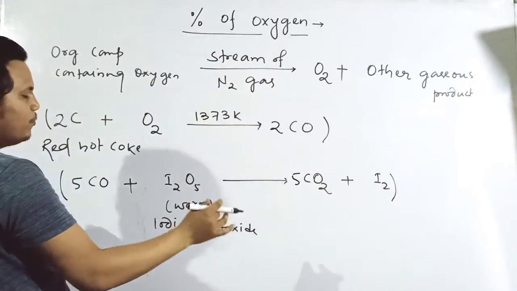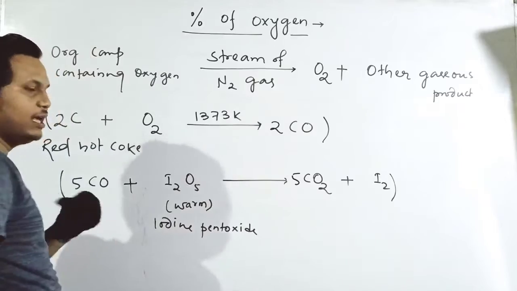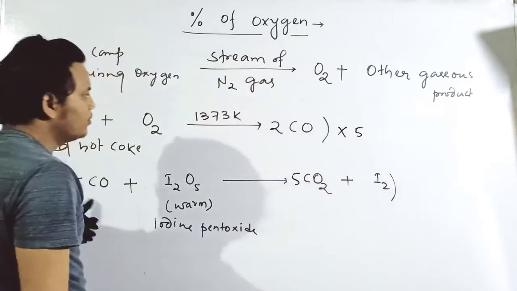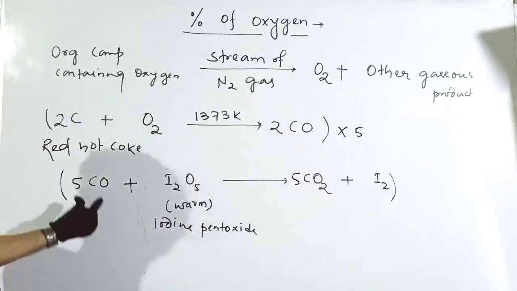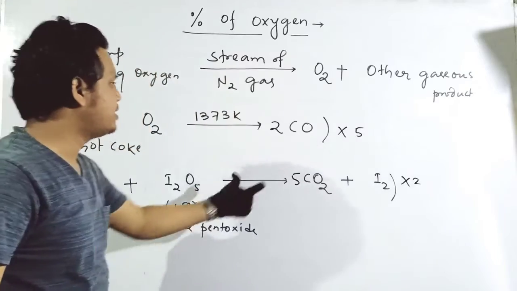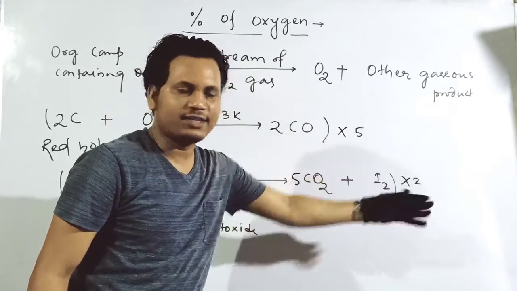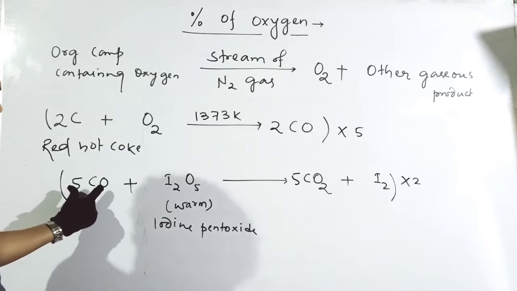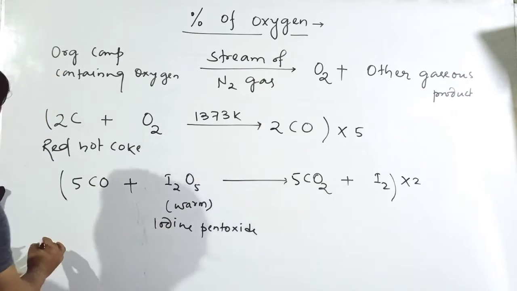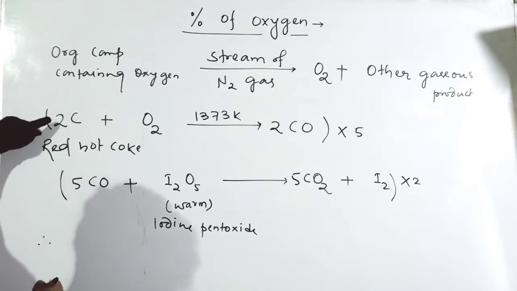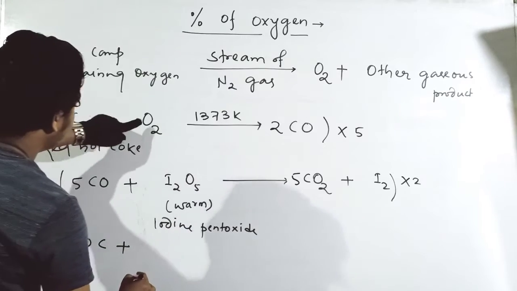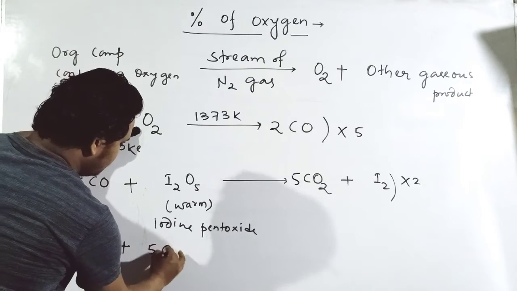So if we want to cancel this intermediate product, multiply the first equation by 5, and the second by 2, so that 10 CO will be on the right hand side and 10 CO will be on the left hand side. They will be cancelled.